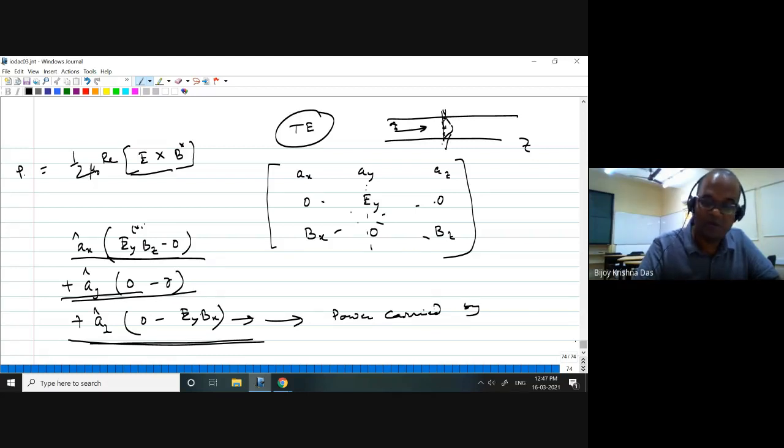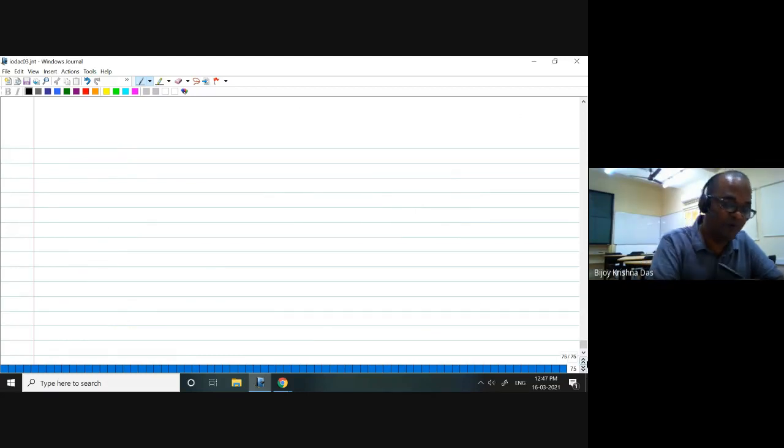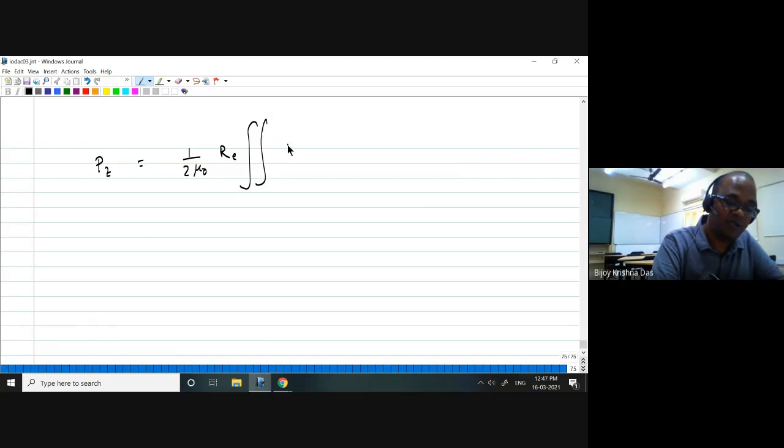So that means whenever I am just considering the power flow along the Z direction, I can write 1 by 2 μ0 real part of E cross B star, Z component, dx dy.